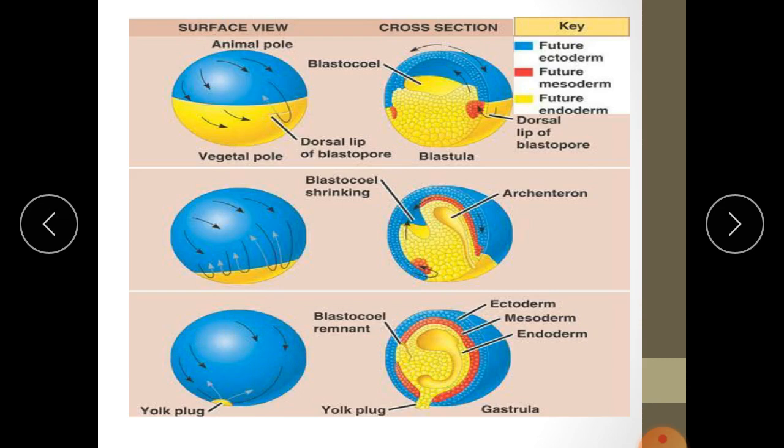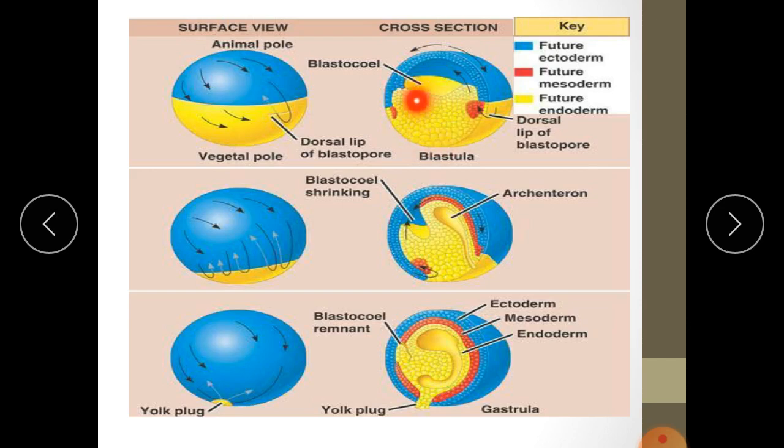Epi means above, so all the megameres are externally covered by micromeres. So this blue color is the future ectoderm, and yellow color is the future endoderm. See this part, these cells are megameres.